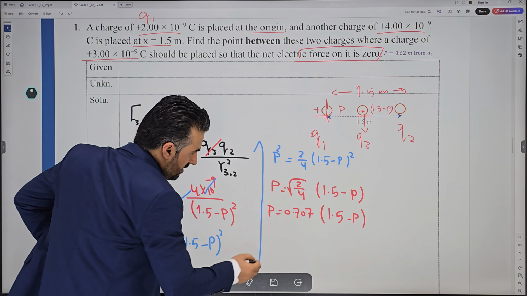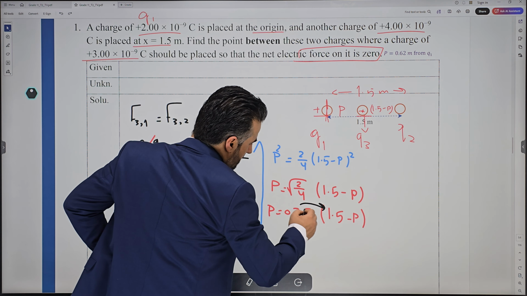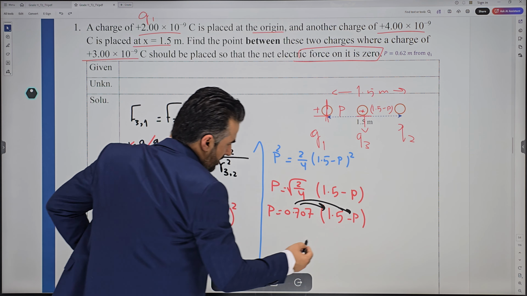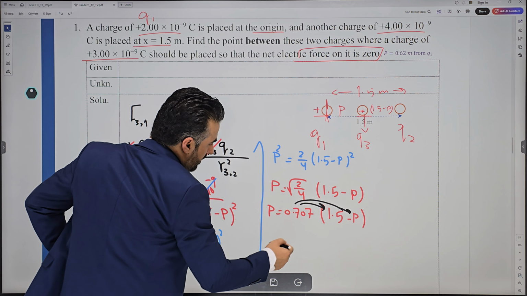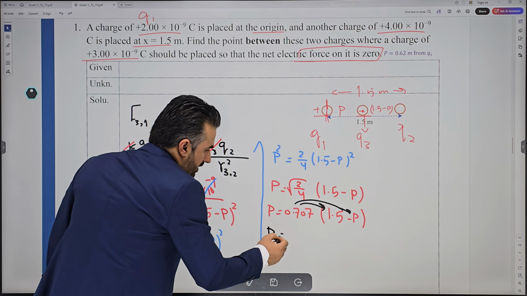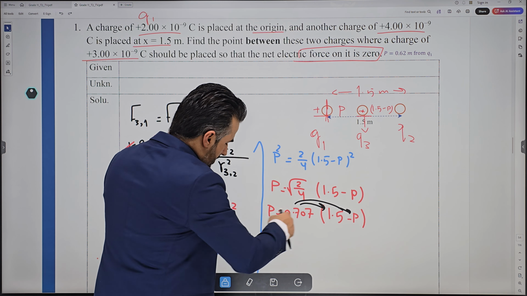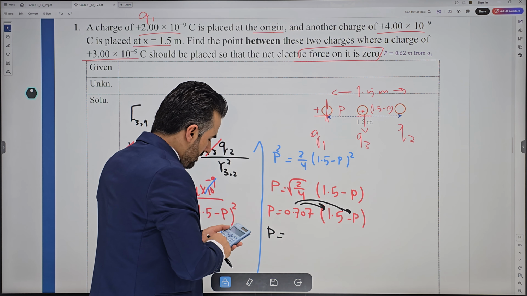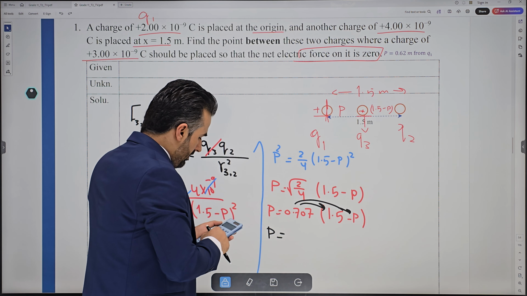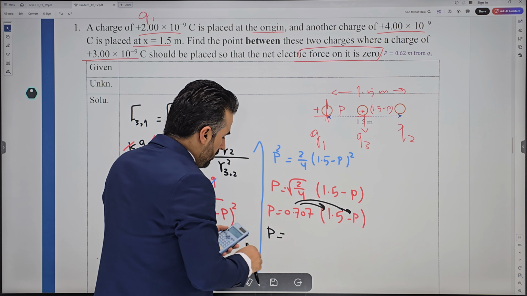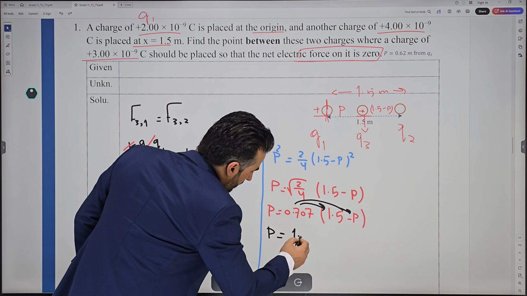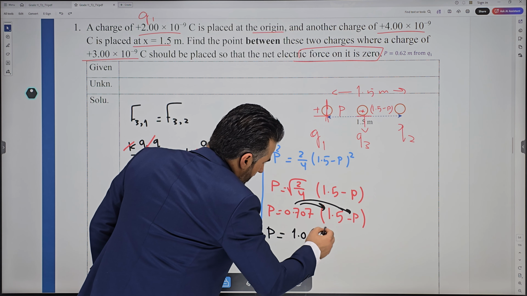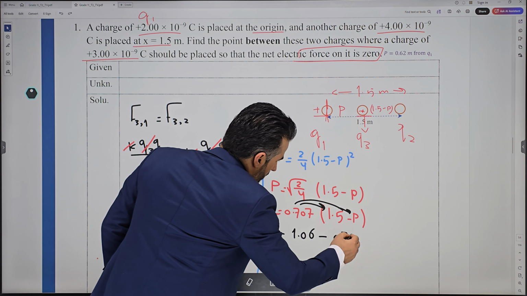This is nothing physics, it's just math. You can multiply this into the bracket. 0.707 times 1.5 is 1.06, minus 0.707P.